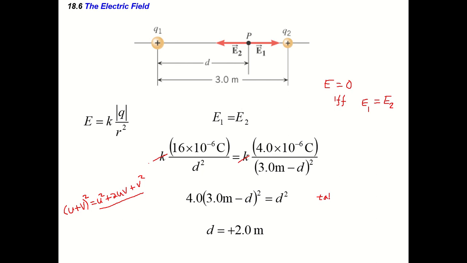Taking square root on both sides, you have the square root of this is 2, and you have this one, 3 minus d. Okay, 3 minus d. Just leave the unit, class, equal to d.